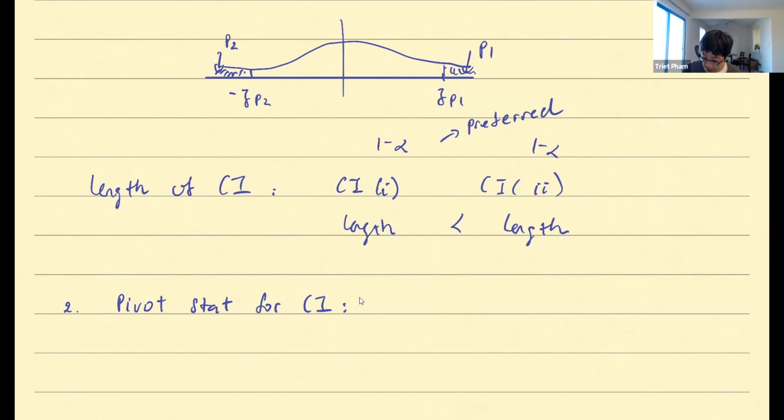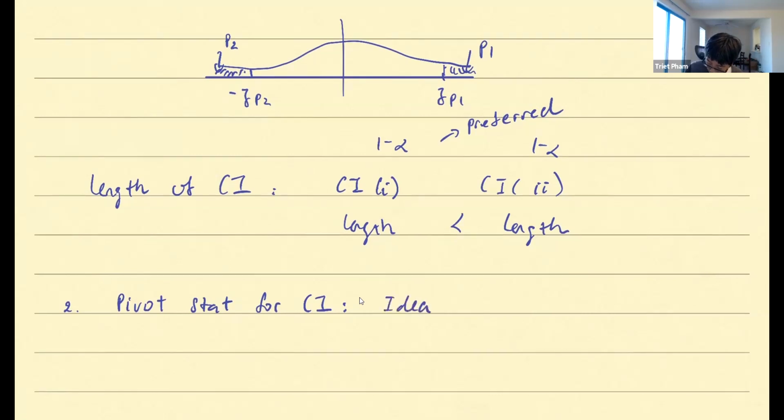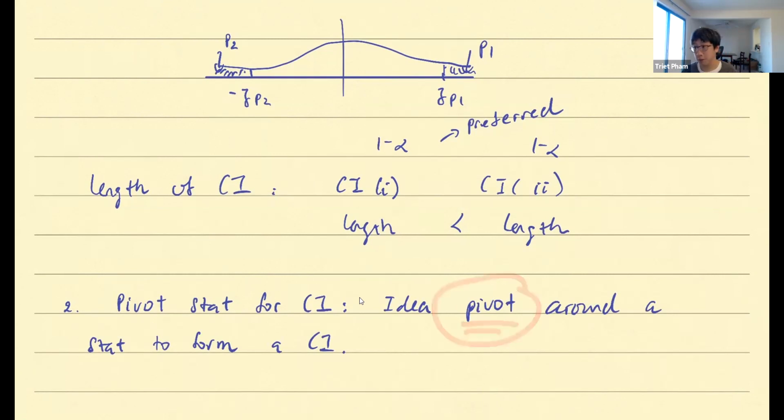The idea is you pivot around a stat to form a confidence interval. For those of you for whom English is not your first language, pivot may be a strange word, but pivot just means turning around, so basically you use it to turn things, to crank things out. Pivot around means you just turn around it.